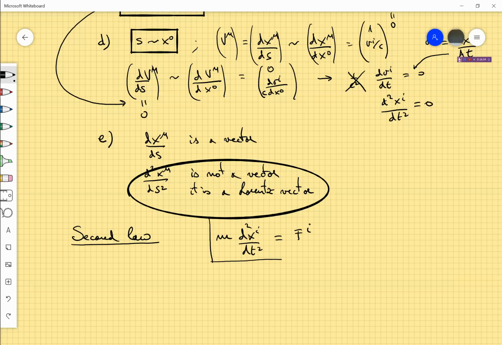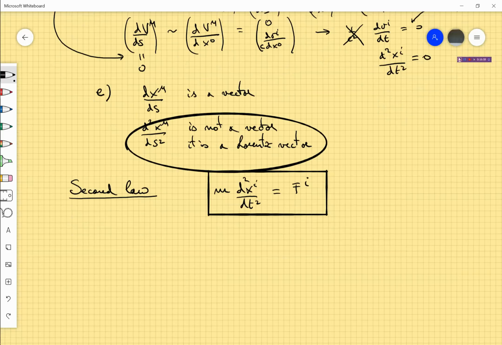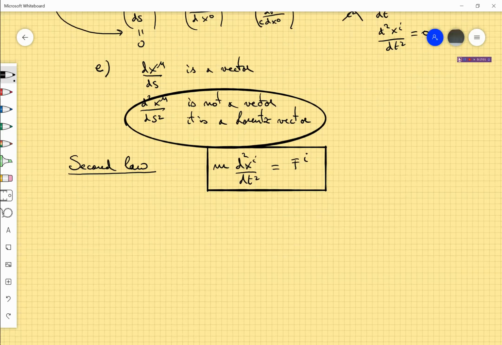Let me put it in a box first. What should we do now? There must be, and this is something that you know, it can be proven, a generalization of the mass, which is an invariant parameter m.